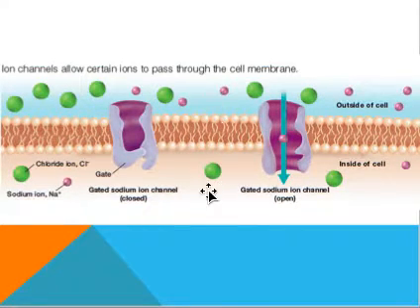Sodium cannot go straight through the cell membrane, so it goes through the ion channel, from an area of high concentration, you see a lot of sodium up here, to an area of low concentration. So there it is, ion channel. It's just like a doorway or a special area that it can go through. Some of those have a gate, like right here. It can open and shut depending on if it is needed at that time.